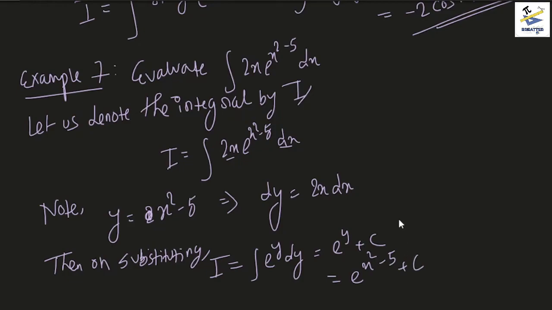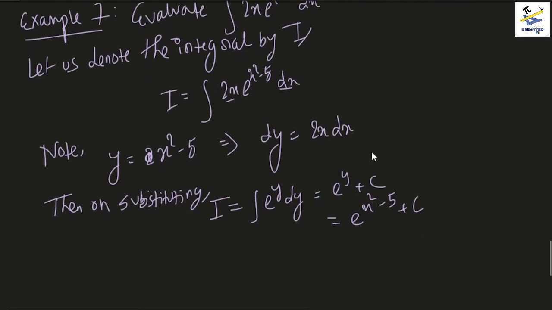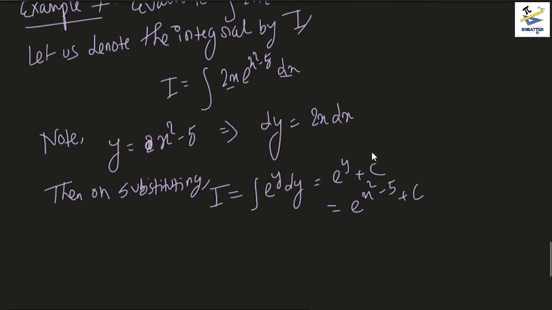So in this type of integrals, if you find the derivative of a term directly present inside the integral, try to substitute for that term so that you can reduce it into a common integral or an integral that you know of, okay? Because only then would it be easier for you to find out what to do.